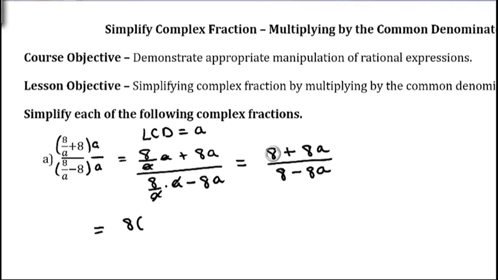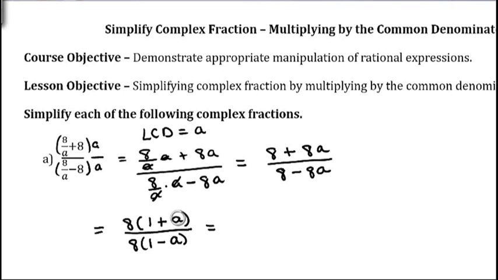And when we factor out the 8, 8 divided by 8 is 1, plus 8a divided by 8 is a. Also in the denominator we have a common factor of 8, so we'll factor that out. Again, 8 divided by 8 is 1, minus 8a divided by 8 is a.